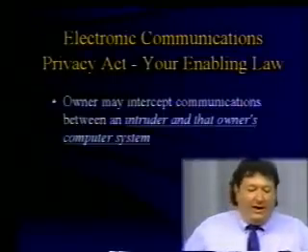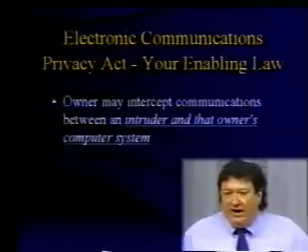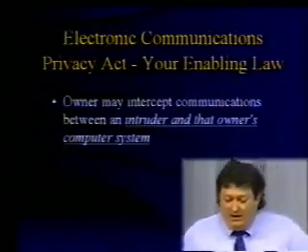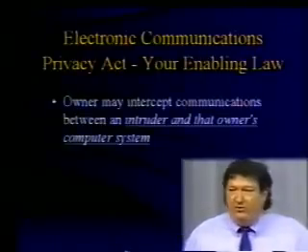Now, there's a way around that, and the way around that is through the Electronic Communications Privacy Act. That basically says that the owner of a system may intercept communications between an intruder and the owner's system.